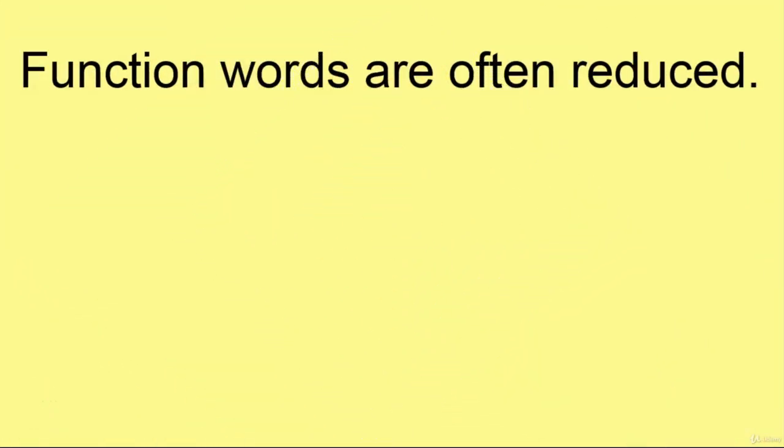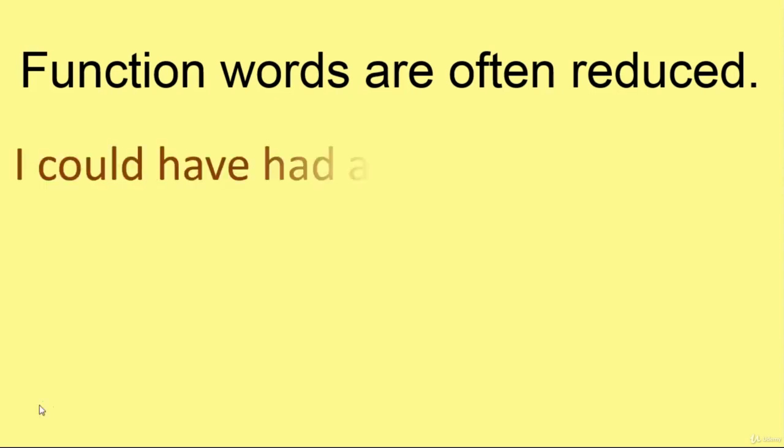Earlier, I showed you how function words can be stressed according to the meaning that we want to say in our sentence. However, most of the time function words are reduced. So let's look at how function words can be reduced when we're speaking.